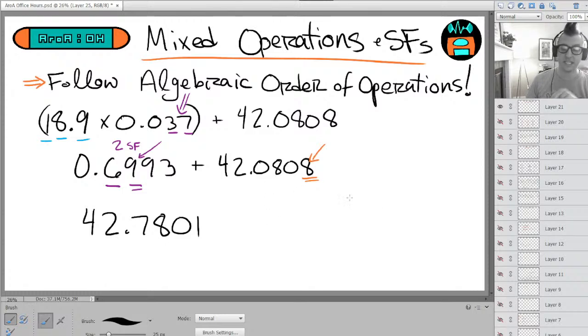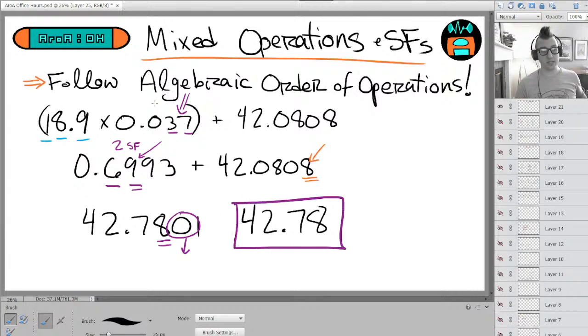And so our answer must have the same precision as the least precise number, which in this case is our first one, because it's precise to the second decimal place. So I need to round to the second decimal place. 0 rounds down. So my correct value with the correct number of sig figs will be 42.78.